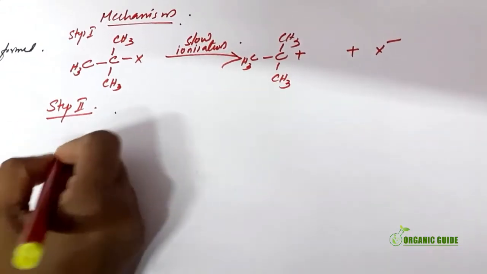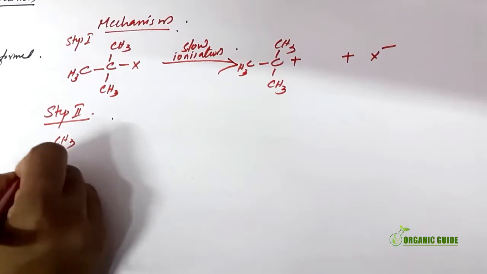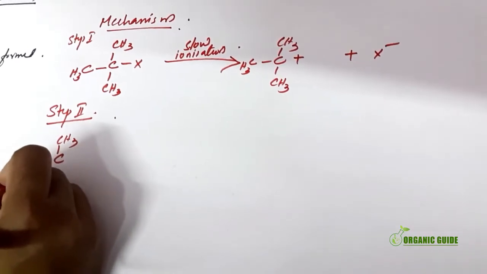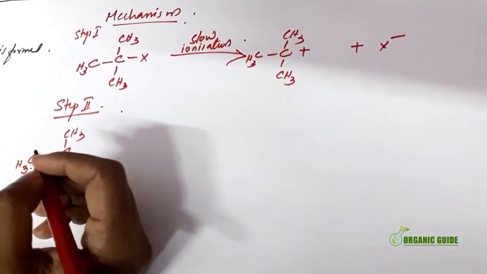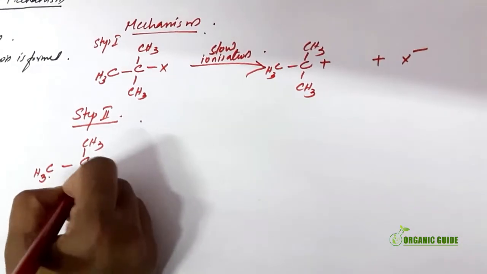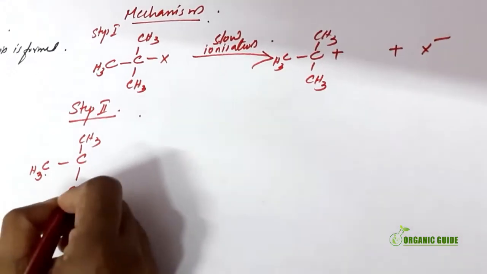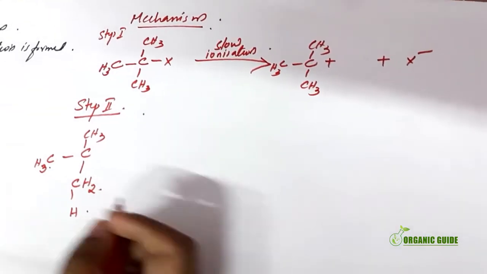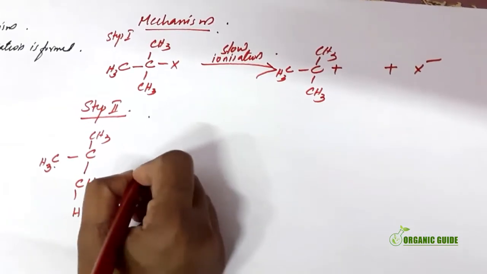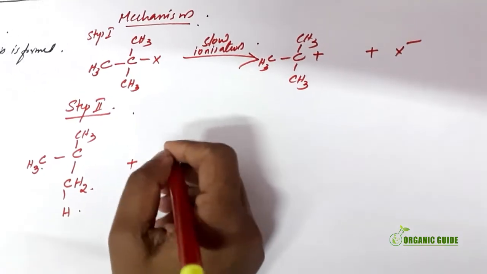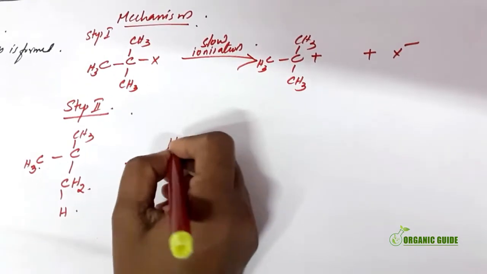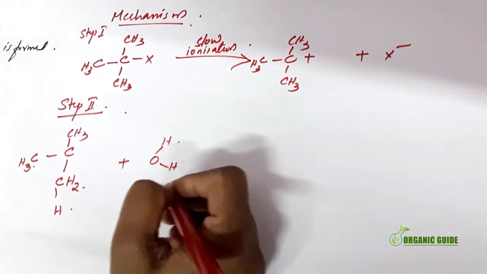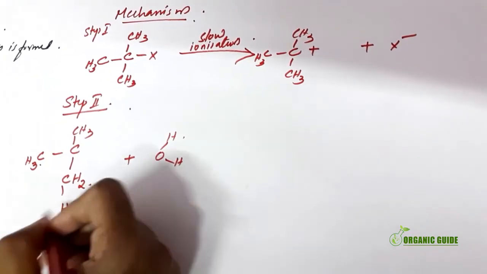And step 2, this carbocation, this CH3 that I am writing as CH2 and hydrogen, will react with the base. Here we are taking a weak base, that is water.